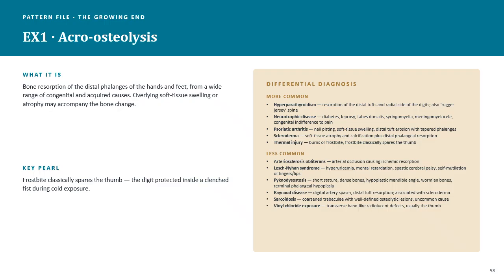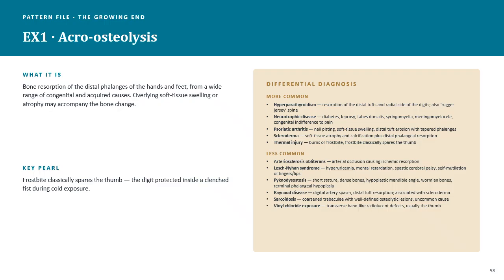There are several reasons why this acroosteolysis might happen. But again, as you see, this is a huge list right here. We're not trying to memorize it, but some of the things that might be familiar that you might have seen in the past are hyperparathyroidism, psoriatic arthritis, and scleroderma. There might be some nerve-related diseases, and also severe cold or burn injuries can cause this condition.